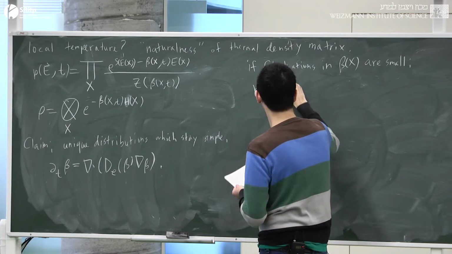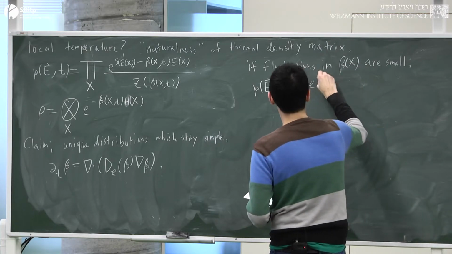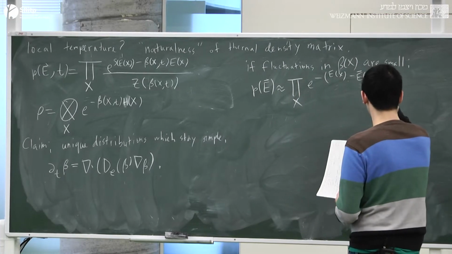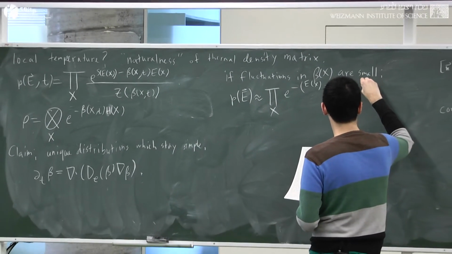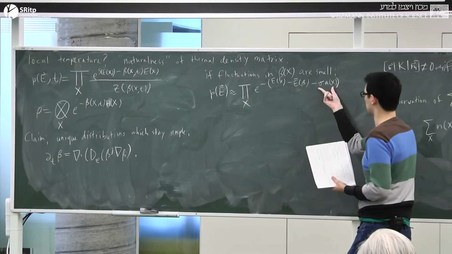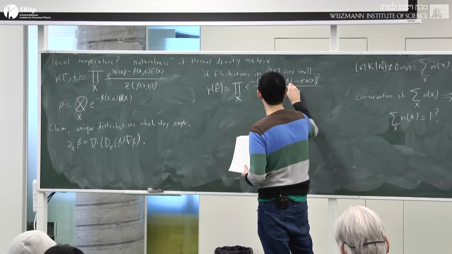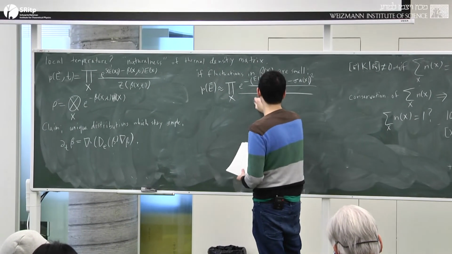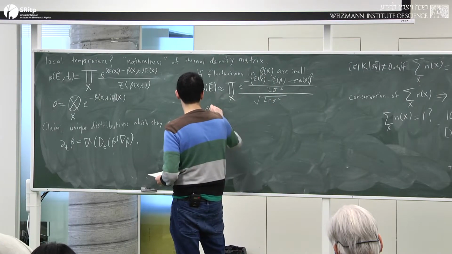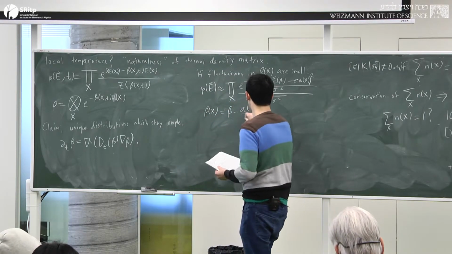P of E is approximately going to be a product over every region, e to the minus (E of x minus E average energy) over sigma. This essentially corresponds to a small change in the temperature, but I've denoted it in this way. Effectively the temperature beta of x is just going to be beta, and in this notation it's minus a of x over sigma.